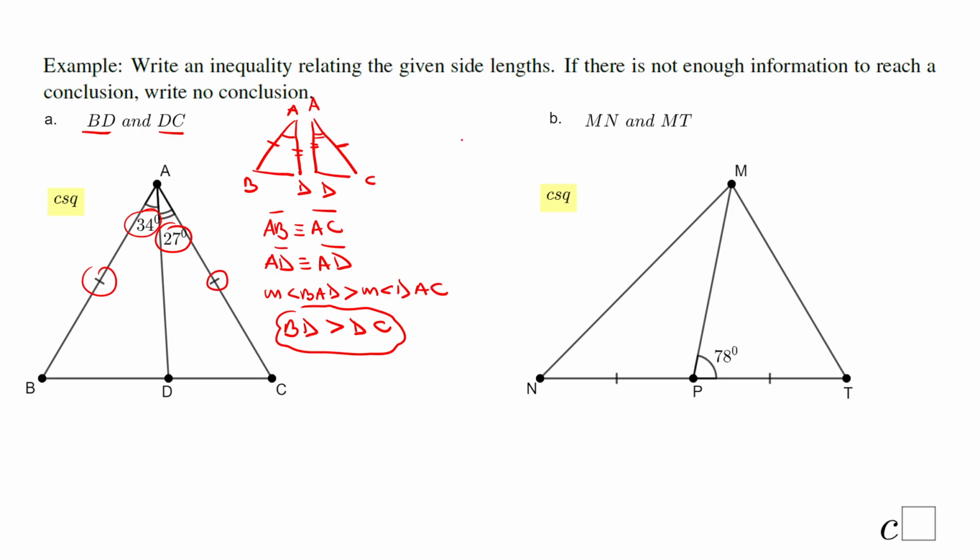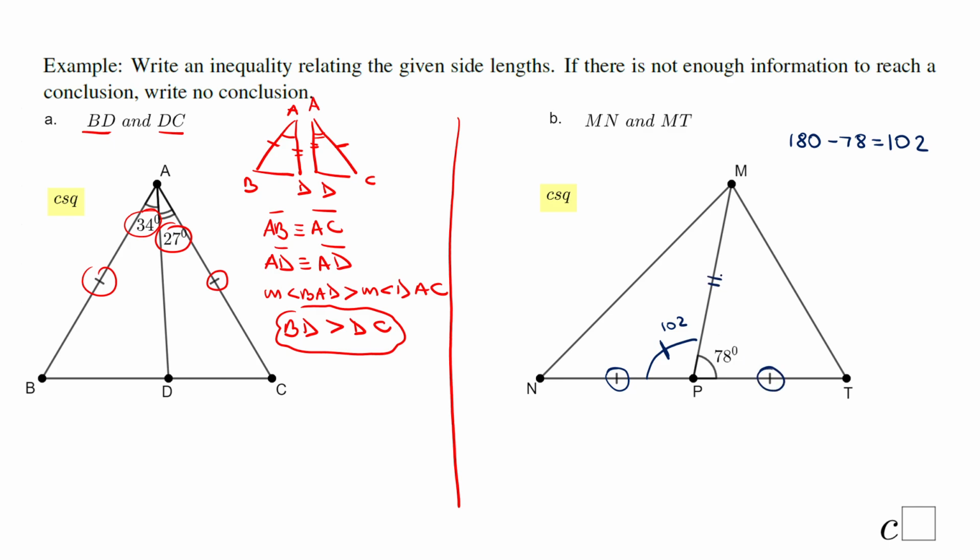On part B, a very similar problem, the only difference is we want to find how much this angle here is, and that one will be 180 minus 78 because they form a line, they are a linear pair, and that will be 102 degrees. Other than that, we notice these two sides are congruent, they are marked the same.